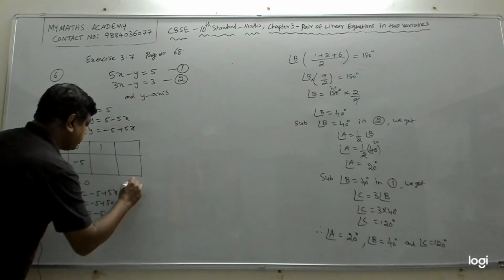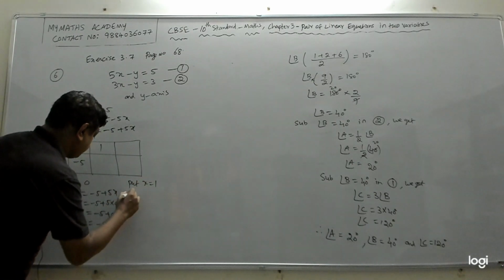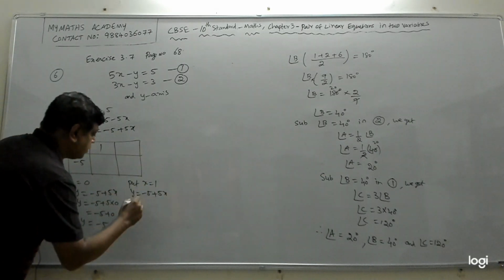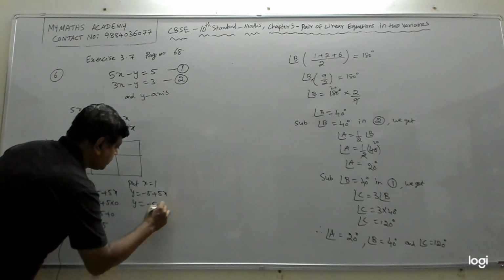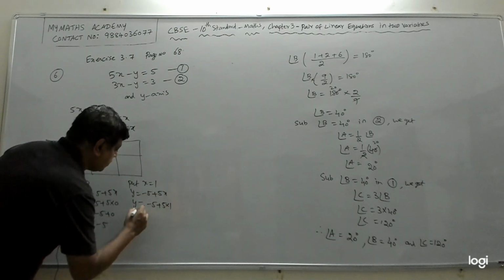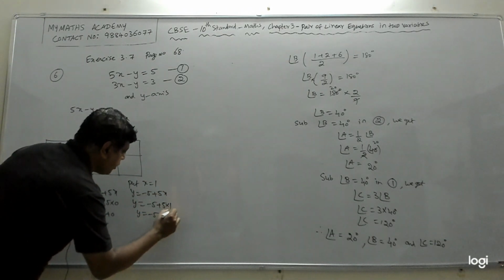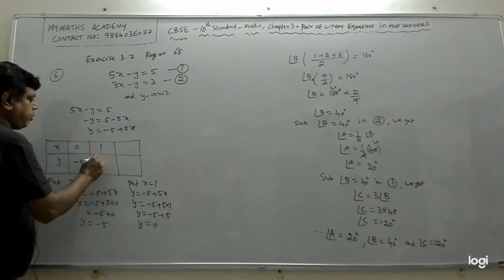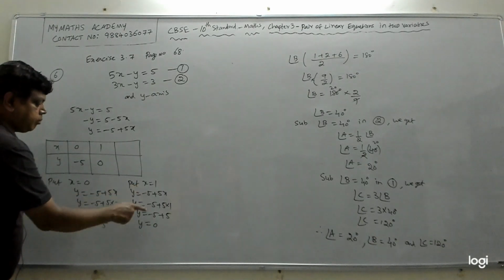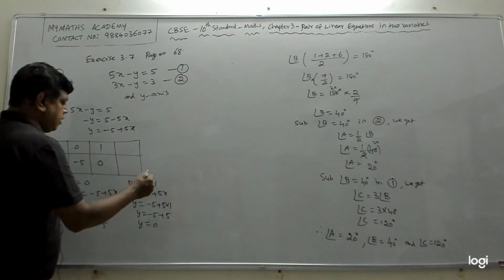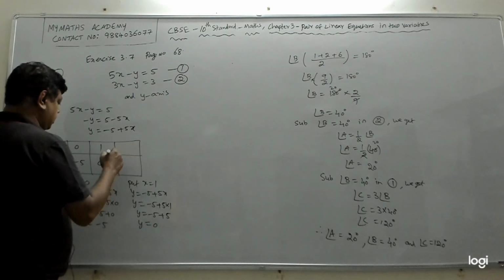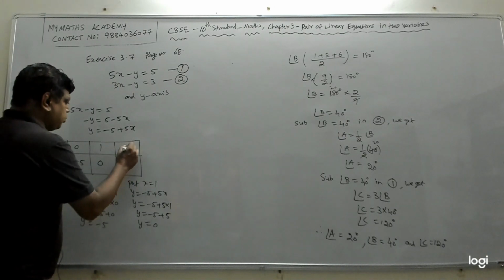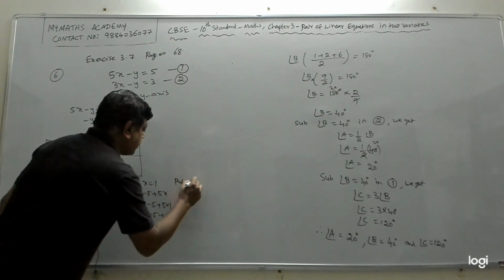If I put x equal to 1 in this, y is minus 5 plus 5x, so y equals minus 5 plus 5 into 1, which is 5. So y becomes 0. When x is 1, y is 0. Then we can put x equal to minus 1 or any value, so we'll put x equal to 2.